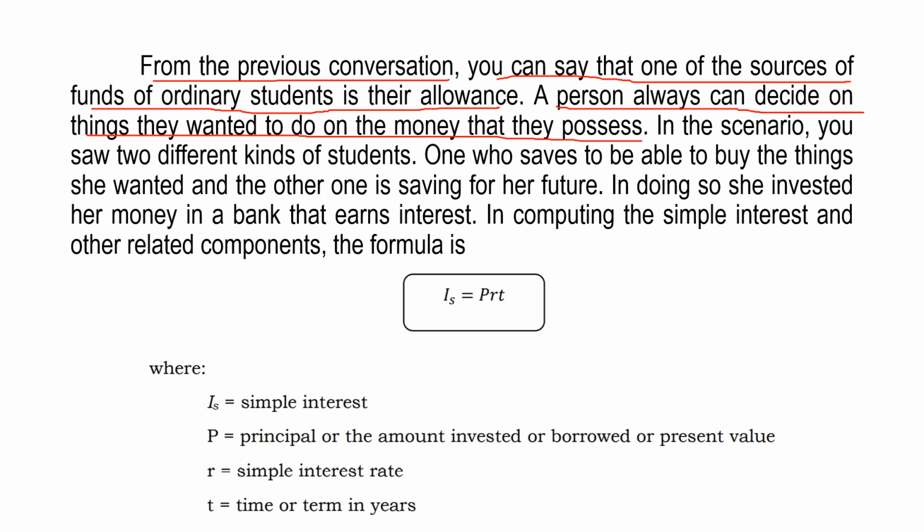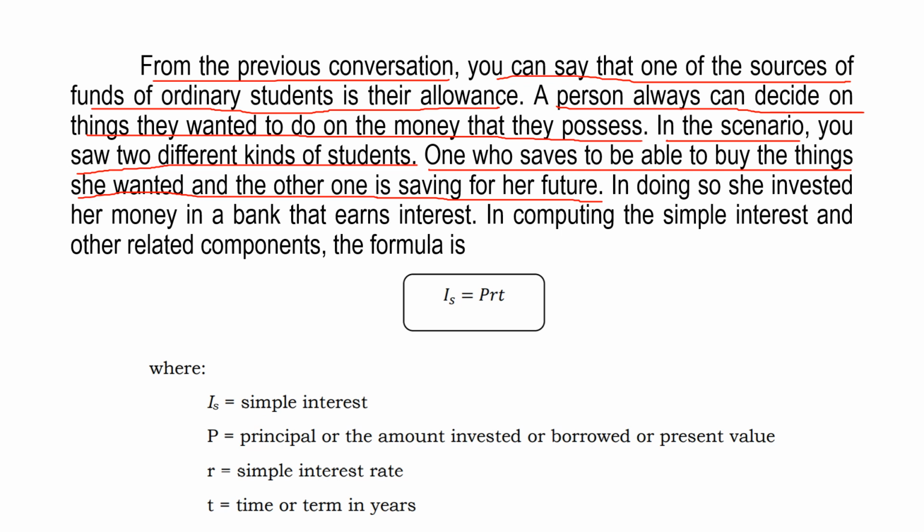But my advice to my students is to save first before buying something that can satisfy your wants only. So in the scenario, you saw two different kinds of students. One who saves to be able to buy the things she wanted, and the other one is saving for her future.